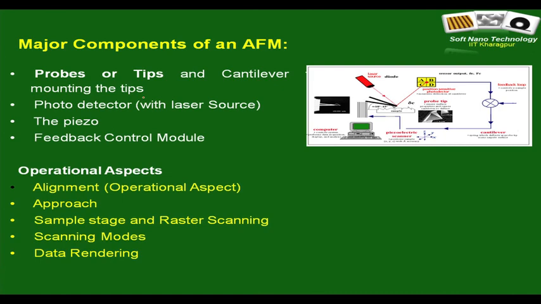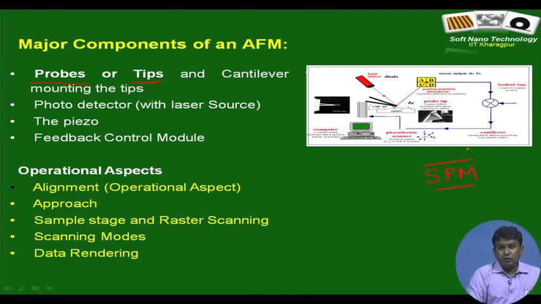The first thing you need to do an AFM scan is a sharp tip, or probe. That is mandatory, because all these instruments fall into the category of SPM. So a probe has to be there, and for an STM it is a conducting tip capable of producing tunneling current.